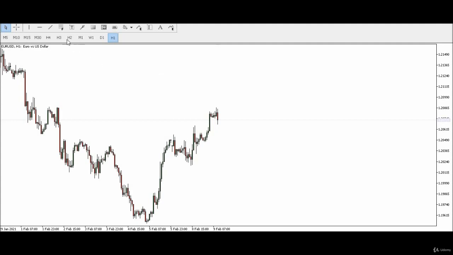I will show you. So let's say this is the resistance, and the market does this, and we are looking for this, which is fake breakout, or let's say this is a resistance, and we are looking for this.